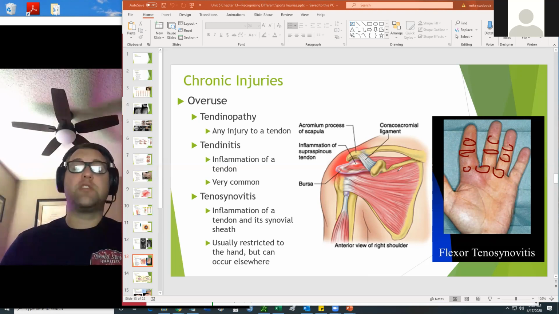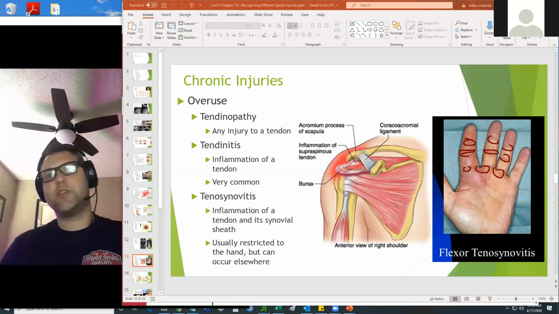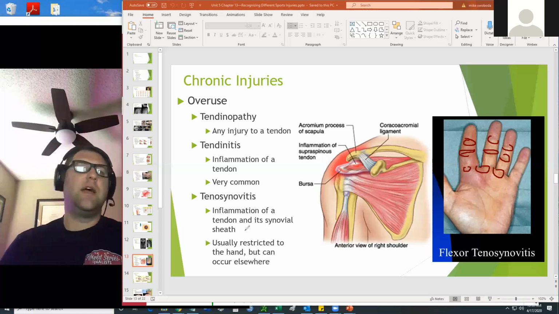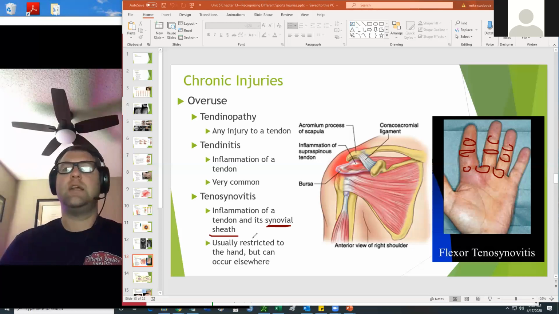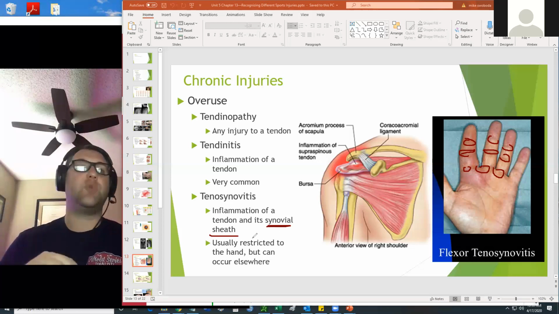The problem is that long term, it has a very poor prognosis. It's really good short term, not good long term. If you injure that synovial sheath, which is the outside of the joint capsule, that's where you would get tenosynovitis.